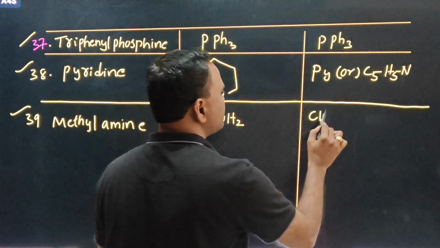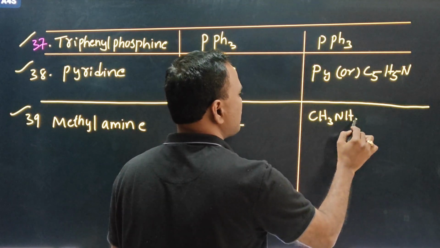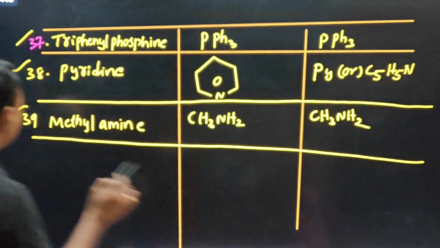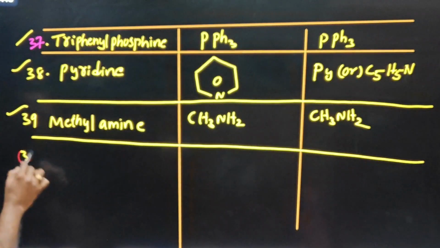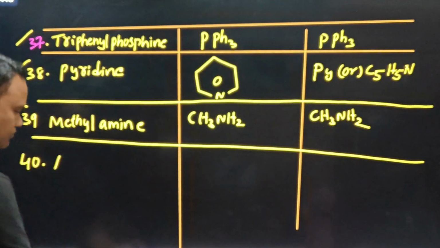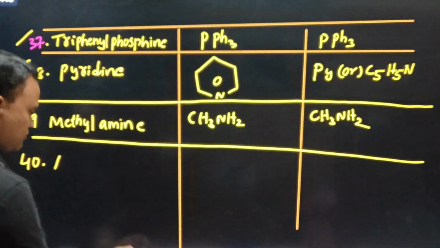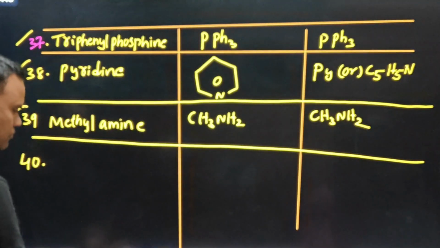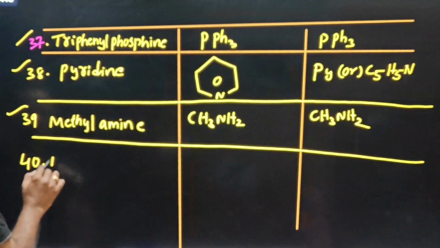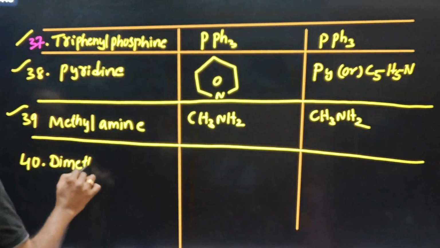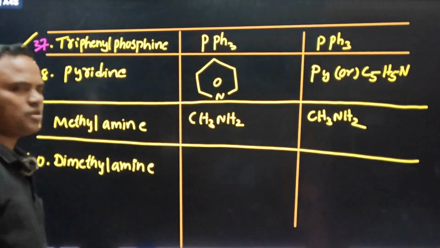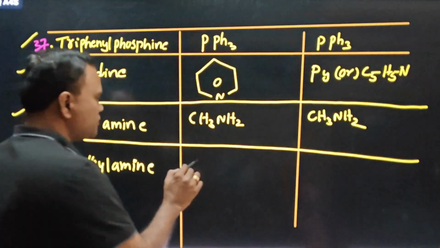Methylamine. 40, dimethylamine. This is also easy because these two are based on amine nomenclature.